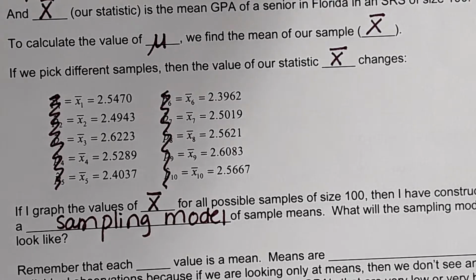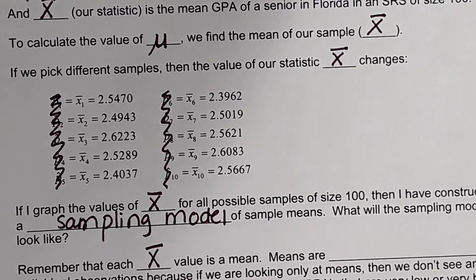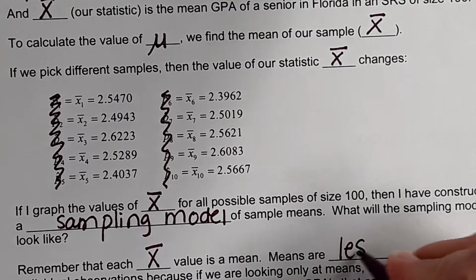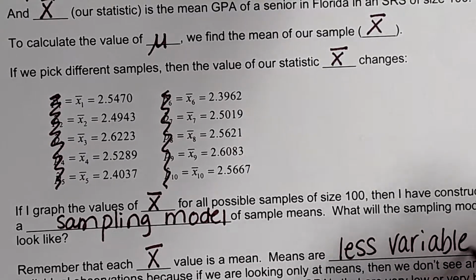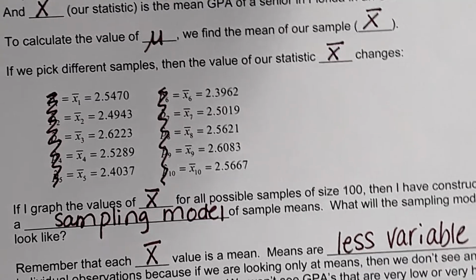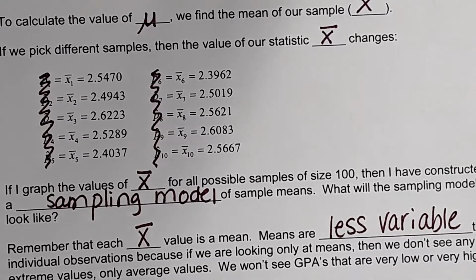Remember that each X bar value is a mean. Means are less variable than individual observations, because if we are looking only at means, we don't see any extreme values, only average values. We won't see GPAs that are very low or very high, only the average GPA.